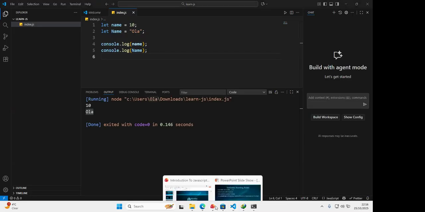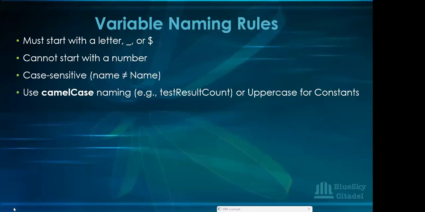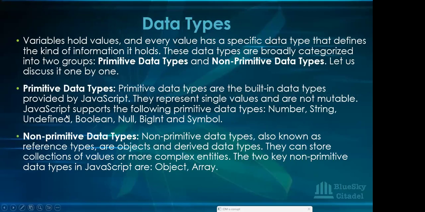Okay. So I'm going to the next, which is going to be the types of data you can store in a variable. So we said variables actually hold values or data, right? And there are different types of data we can actually store. They are categorized into two main groups, which is primitive and non-primitive.